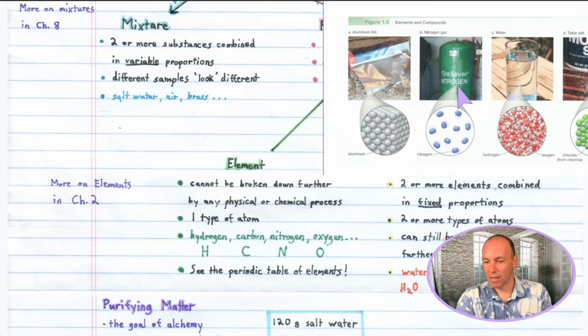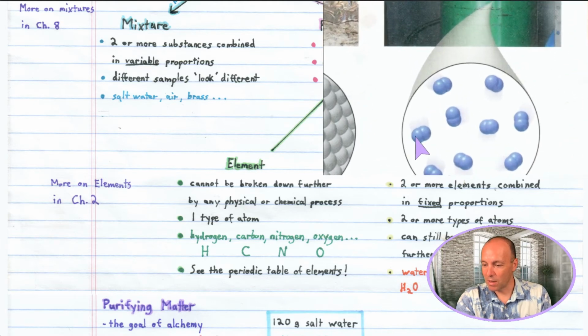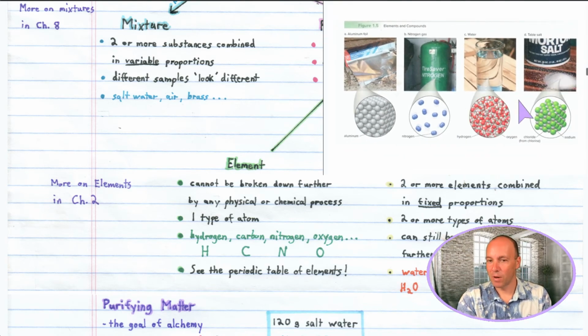Nitrogen gas is made of N2 molecules. Again, you only see nitrogen atoms in here, although two of them combine together to form a single particle of nitrogen. These are all nitrogen particles. The next two are examples of compounds.